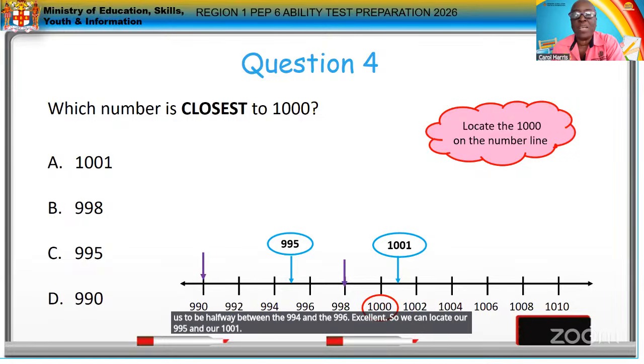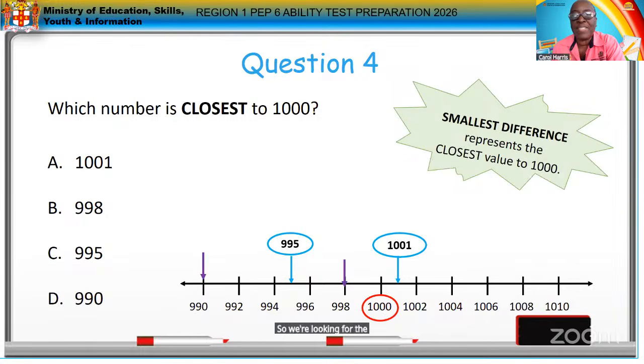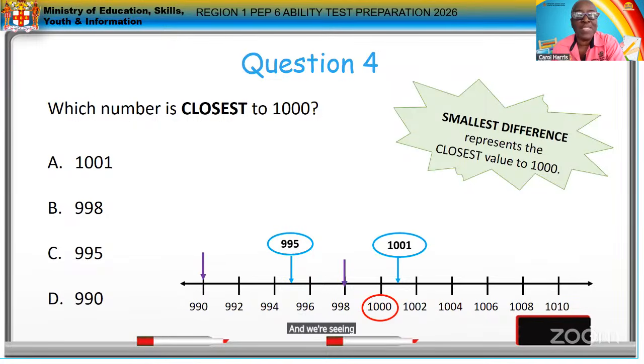Now, as some persons mentioned earlier on, we're looking for the smallest difference, the one that is the smallest distance from the target number. Our target number is 1000. We're seeing which one is the smallest distance away.